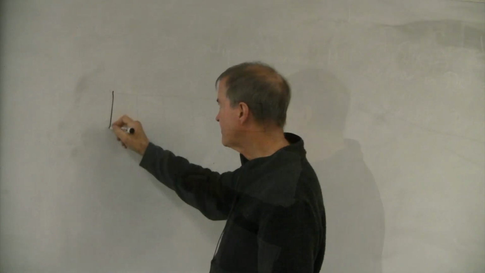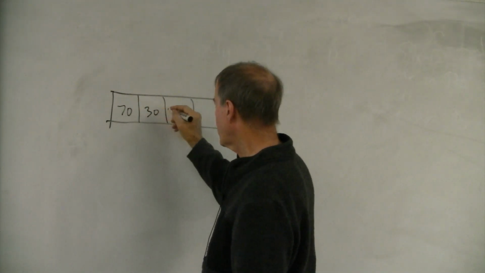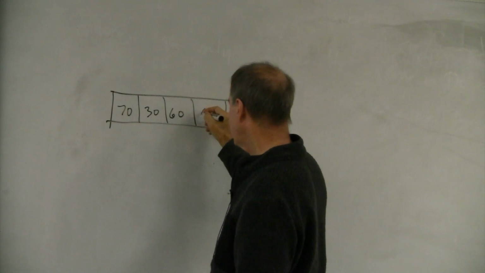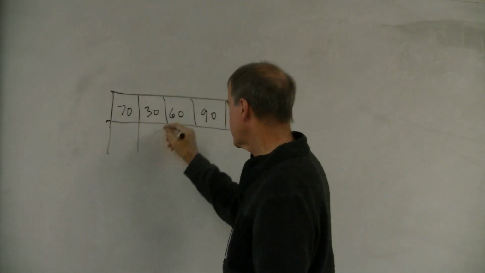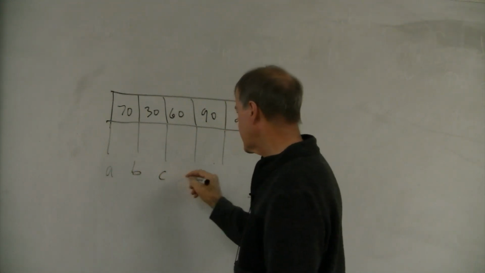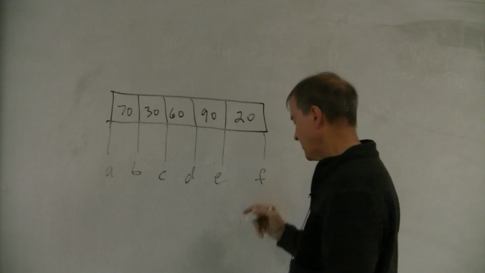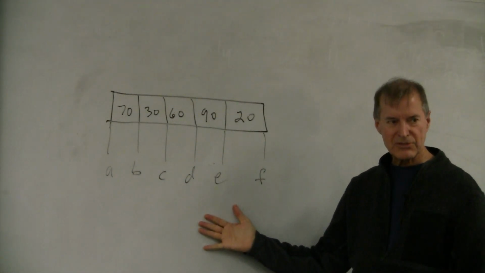Check this out. So if this is like 70, 30, 60, 90, 20, and this is A, B, C, D, E, F. Now, what do you suppose the in-order traversal of this tree is going to be?